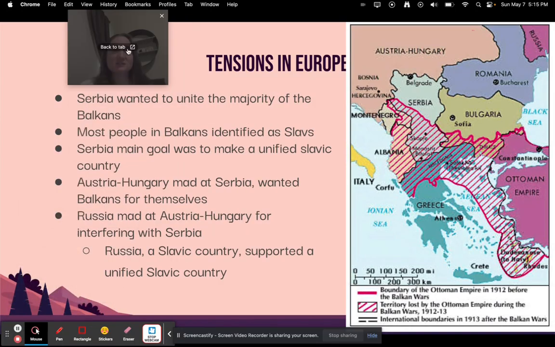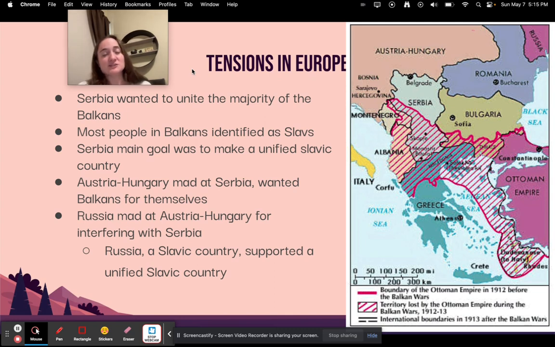So Serbia wanted to unite the majority of the Balkans. Most people in the Balkans identified as Slavs, and Serbia had this main goal, which is Serbia's right here, was to make a unified Slavic country. And Austria-Hungary were like, no way, Serbia, we want the Balkans for ourselves.